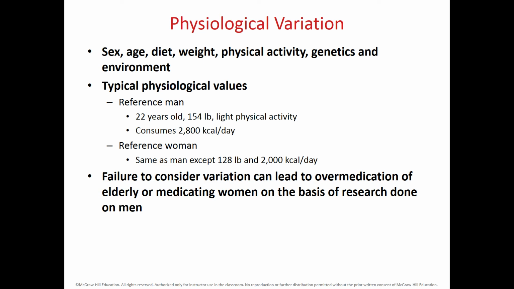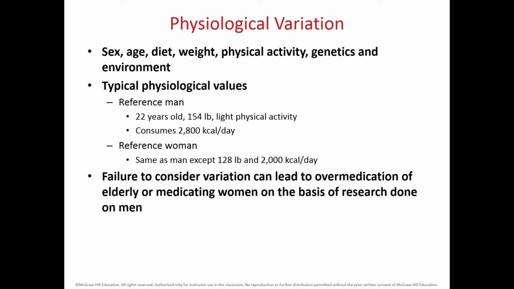So why does physiological variation happen? Well, because we have different genders, different sex, we age, we can have changes in diet, differences in weight, physical activity, differences in genetic composition and environment.